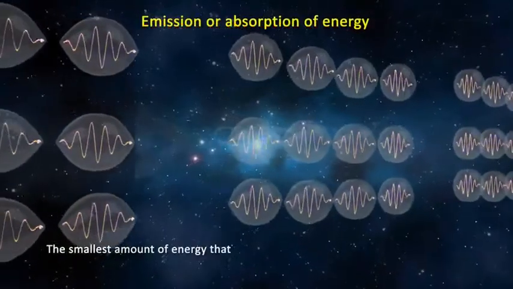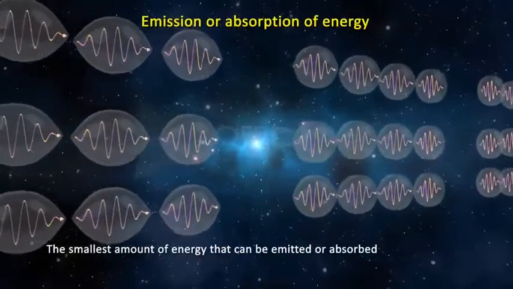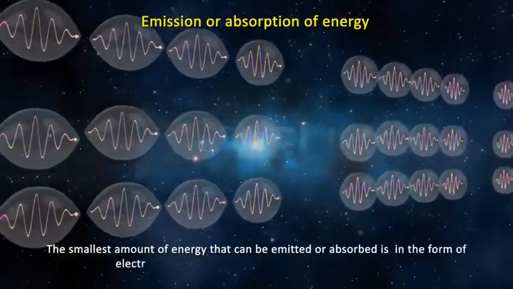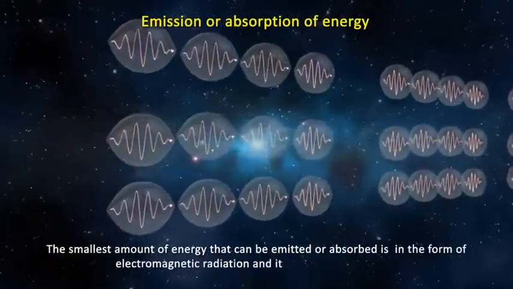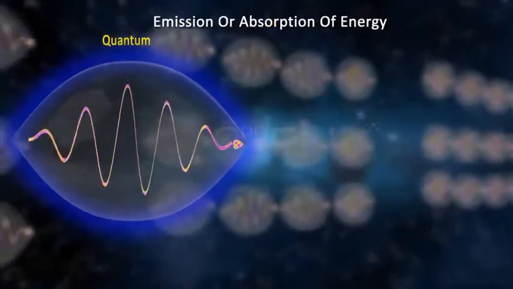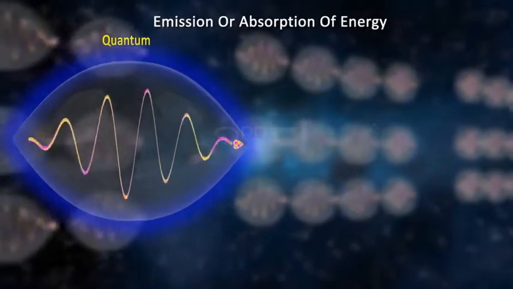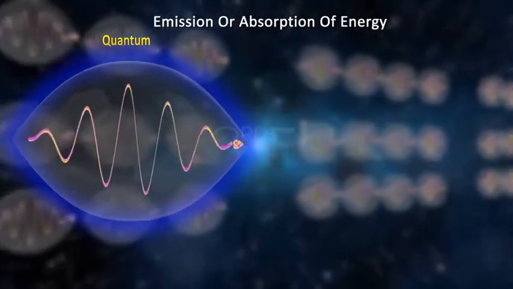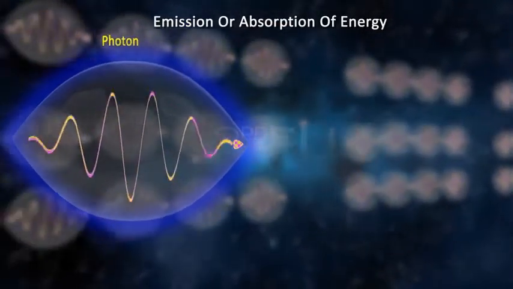The smallest amount of energy that can be emitted or absorbed in the form of electromagnetic radiation is known as quantum. In case of light, the quantum of energy is called photon.